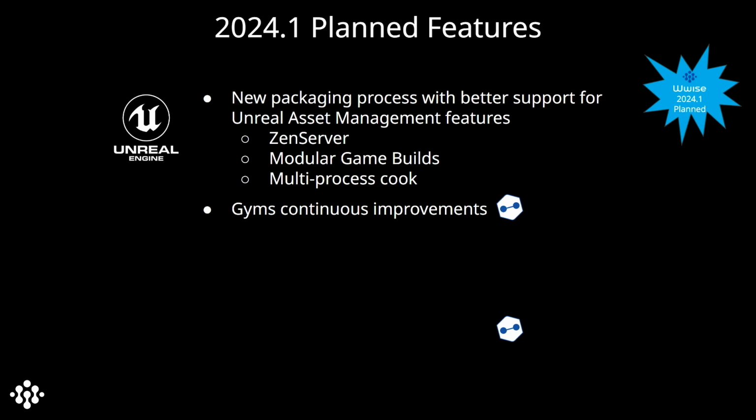So better support for Unreal asset management, things like Zen server, modular game builds, multi-process cooking. Our integrations team is working alongside new updates to Unreal and working within that, trying to provide what you need to get your games packaged in a way that makes sense.